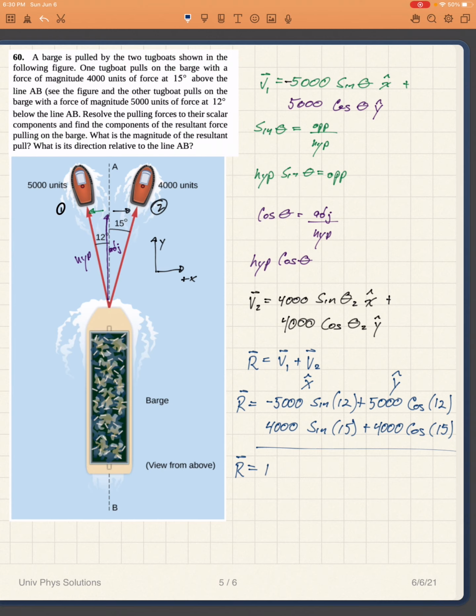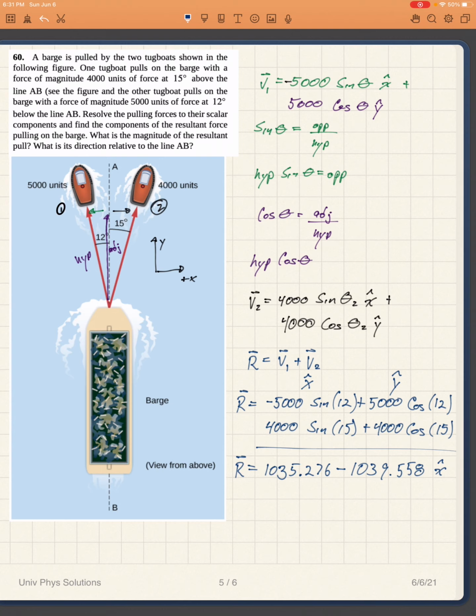Is equal to 1035.276 minus 1039.558, and that's in the x direction.